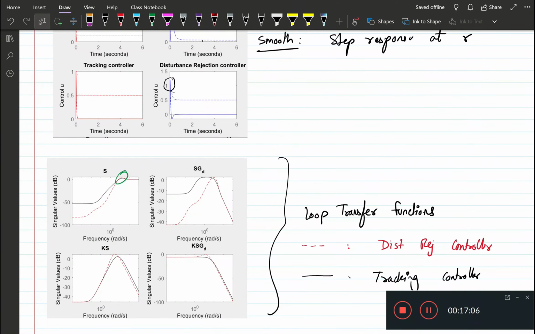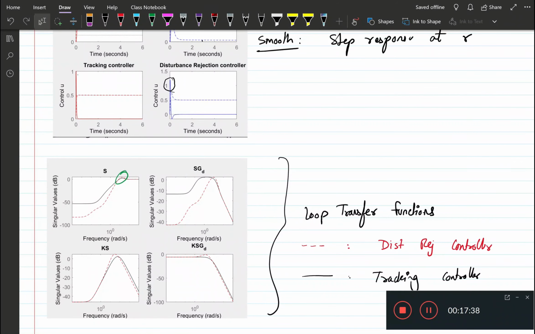And here you see the closed loops for the two controllers as black solid lines or dashed red lines. So the dashed red line is the controller which achieves the disturbance rejection requirements quite well, and the solid black line is the controller that achieves the tracking requirements well.